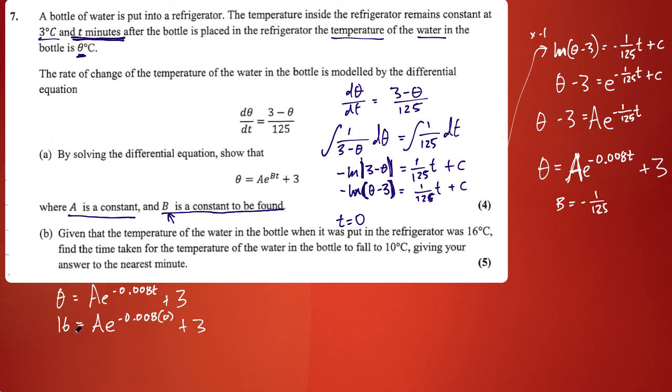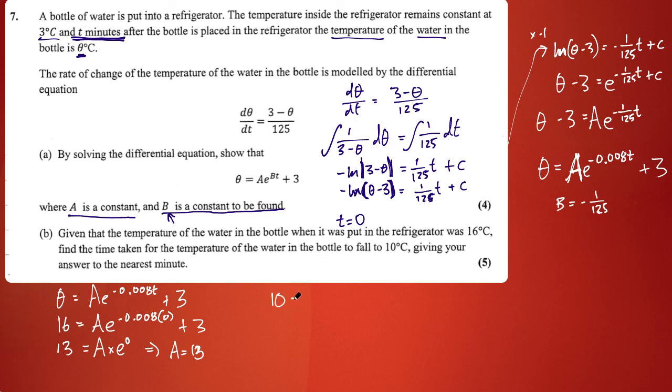That's minus 3 from both sides. Gives us 13 equals a times e to the 0, which is 1. Therefore, a equals 13.